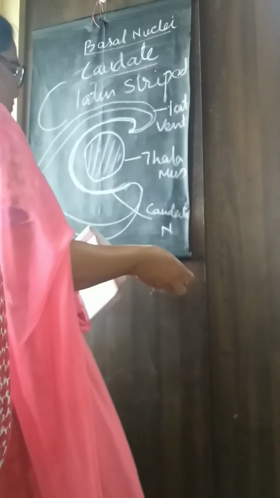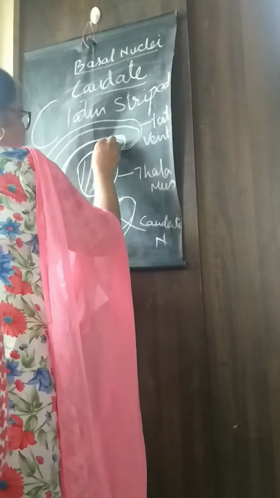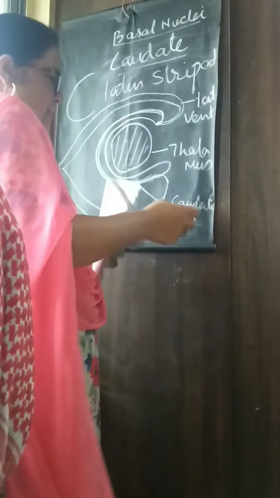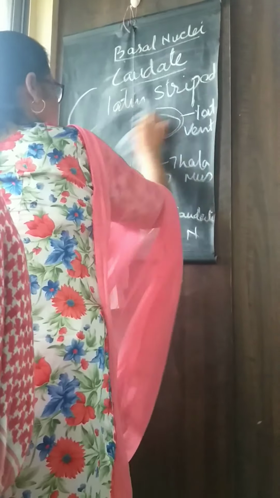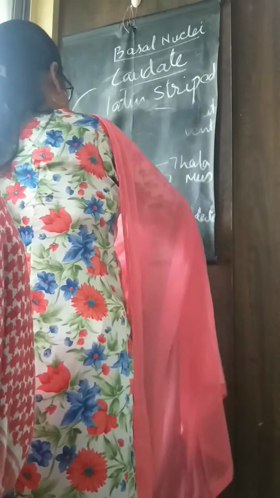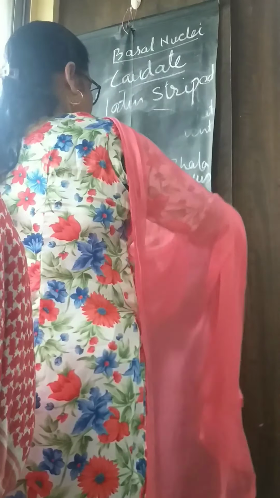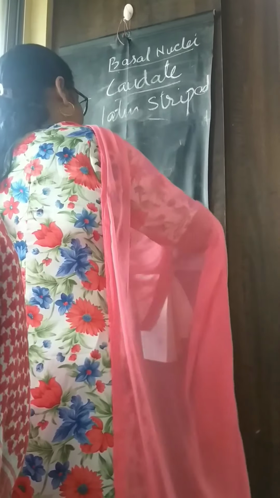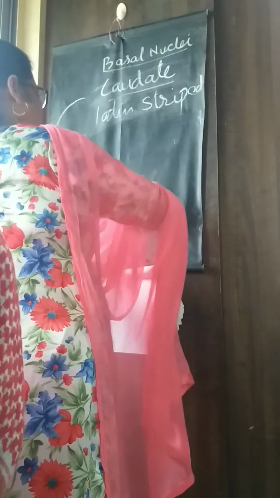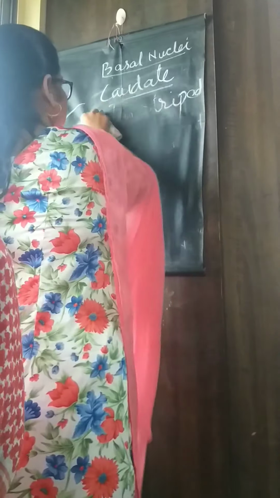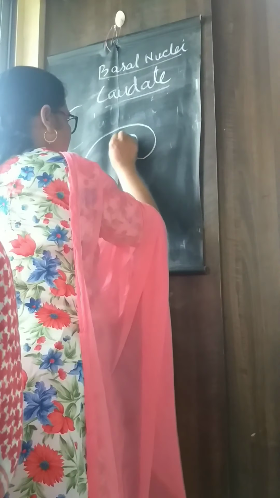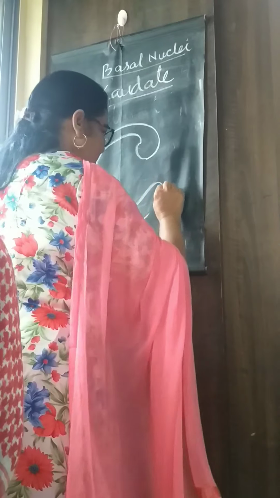Now this caudate nucleus consists of head, body, and the tail.